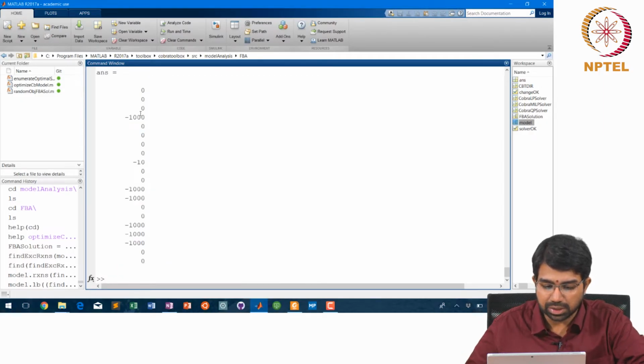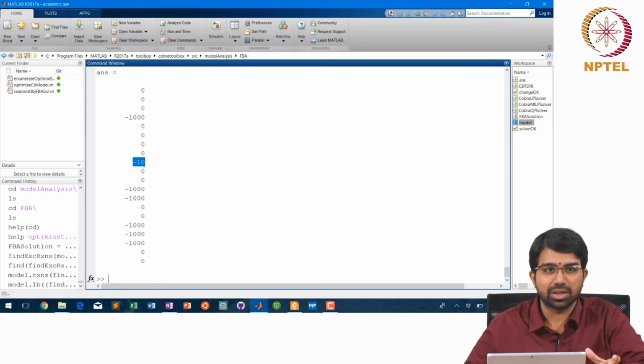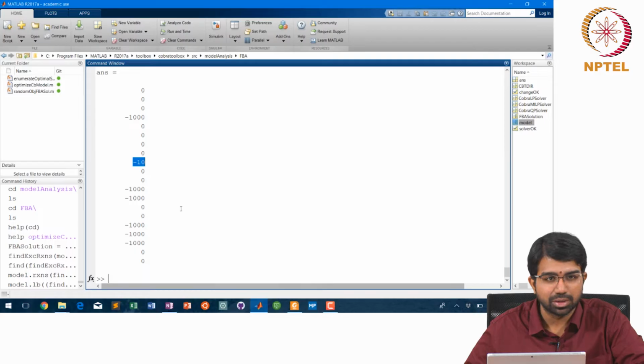If you see, most of these have a lower bound of 0, which means that they are only expected to be secreted out, whereas several others have a lower bound of -1000, which means they are just arbitrary exchange fluxes. The one with minus 10 seems to be the most interesting, right, because that sounds like a specific constraint that is given, everything else is default, 0 and minus thousands are default values.